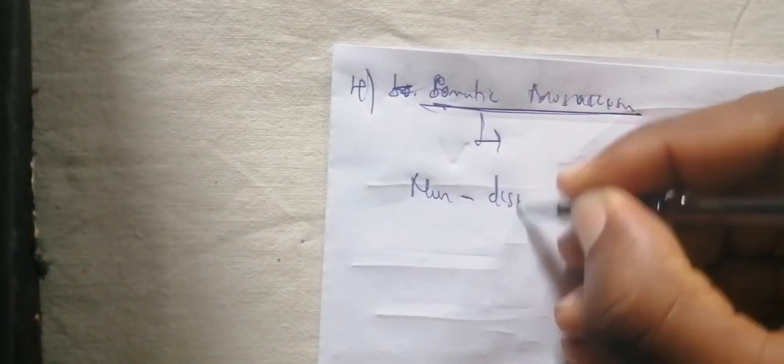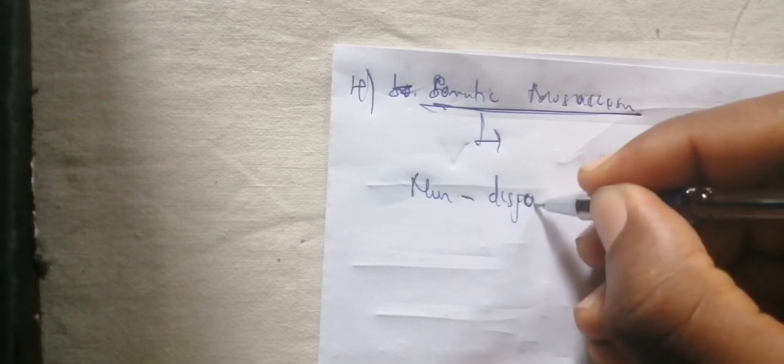The first, in about 95% of cases, occurs in females after the age of 35. That one is non-disjunction Down syndrome.